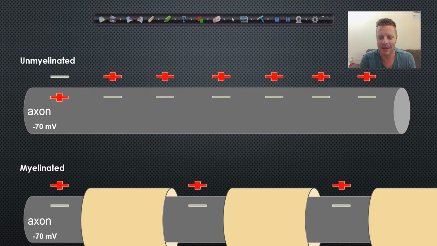Okay, so hopefully all of you thought about the fact that when these positive sodium ions flow into the cell, there are already positive potassium ions present in the cell. And what happens when a positive charge meets a positive charge? They repel each other.